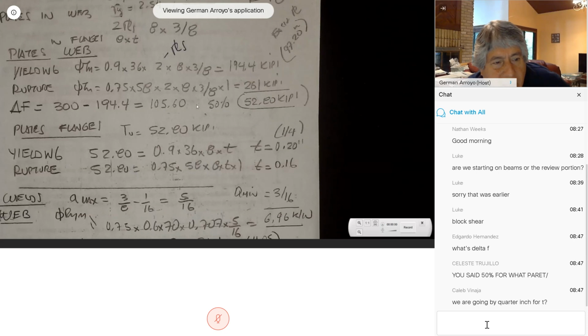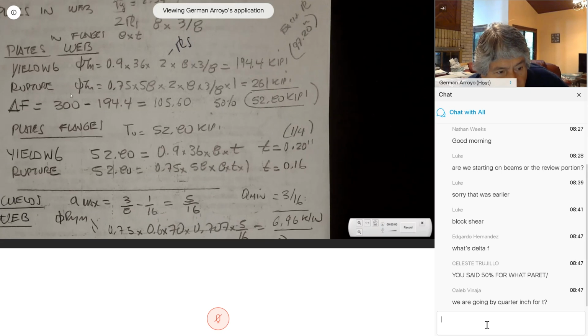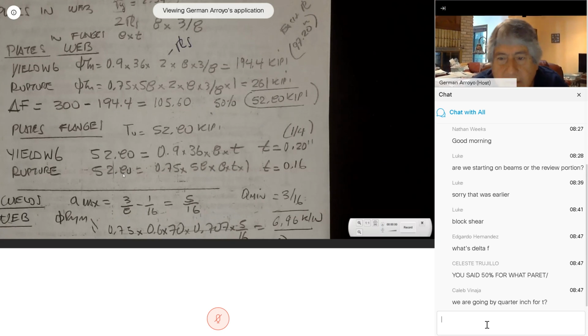That's why now I went to the plates at the flanges. I did yielding using 50% of the load because there are 2 plates. And with this, I found the thickness as 0.2. I did rupture with 50% of the load because there are 2 of them. And it gave me 0.16. Is that clear?